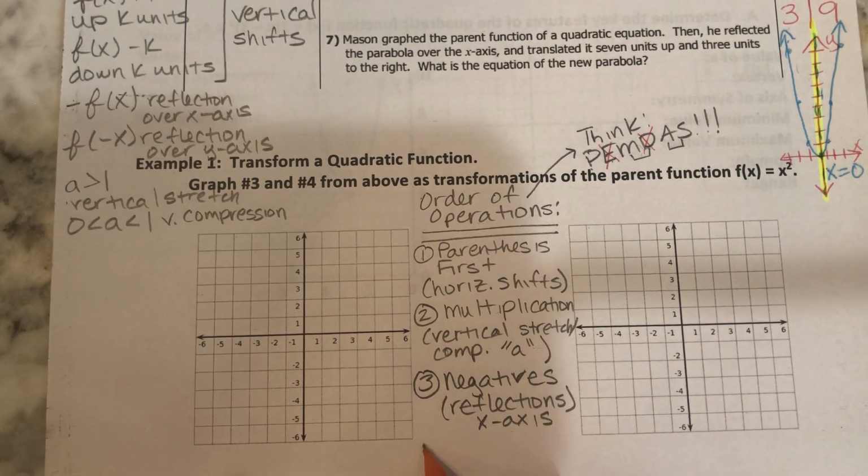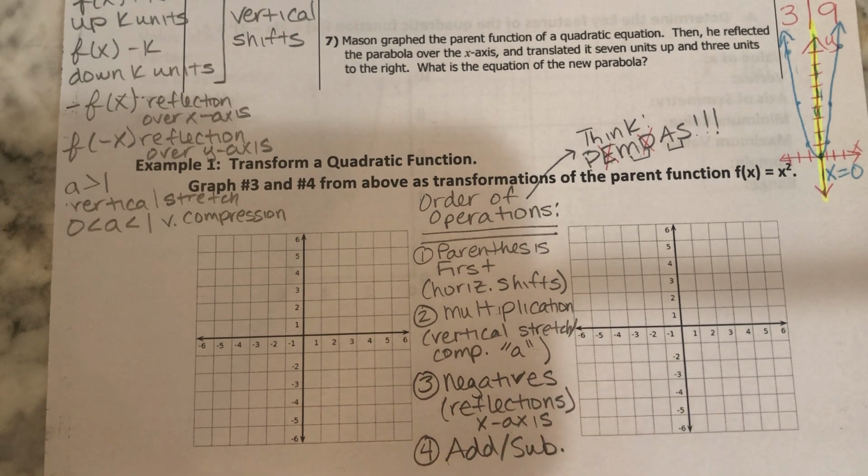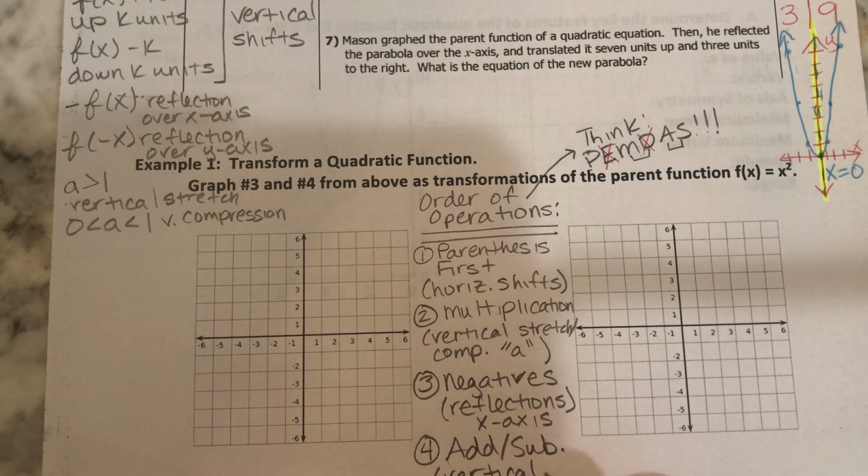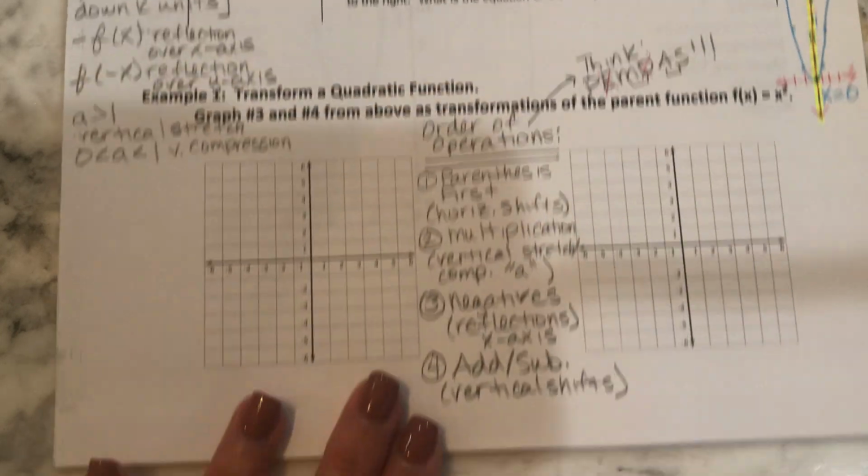And then last, always last, addition, subtraction. So these are your vertical shifts. They come last. Okay.